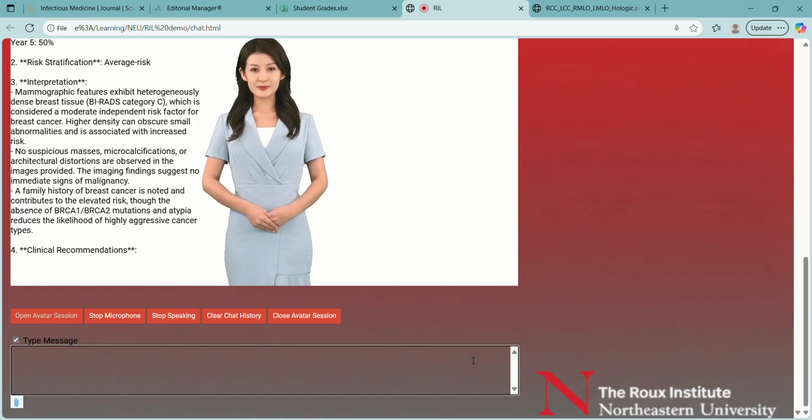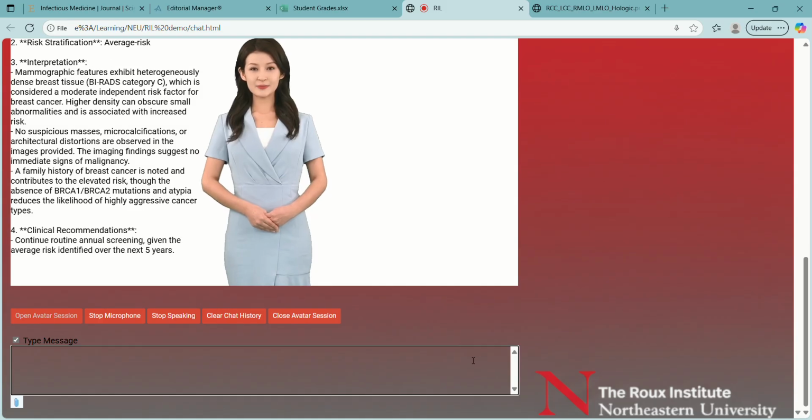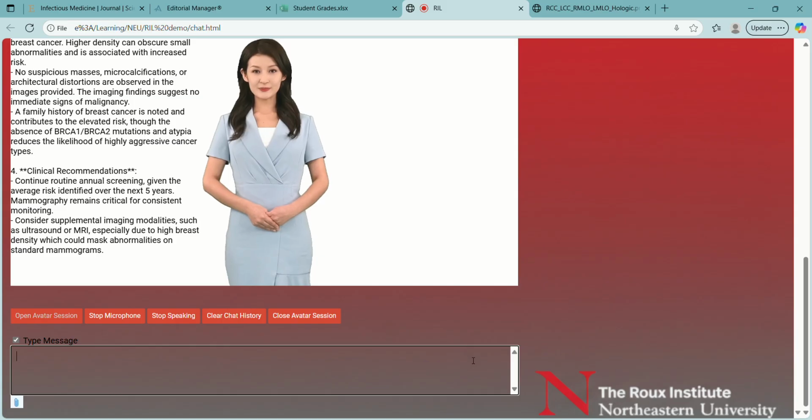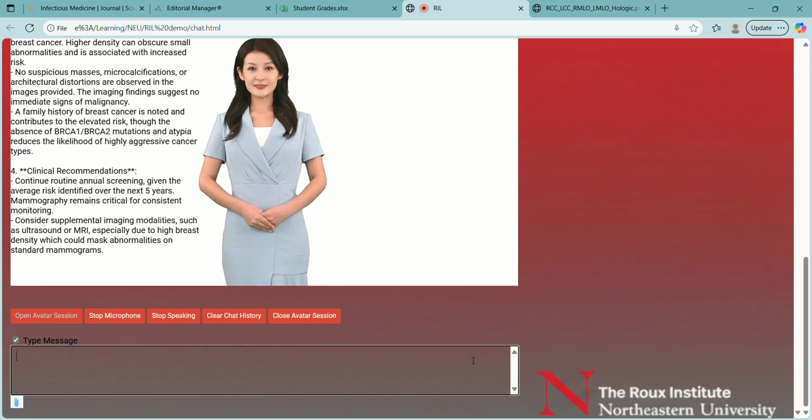4. Clinical recommendations. Continue routine annual screening, given the average risk identified over the next 5 years. Mammography remains critical for consistent monitoring. Consider supplemental imaging modalities, such as ultrasound or MRI, especially due to high breast density, which could mask abnormalities on standard mammograms.